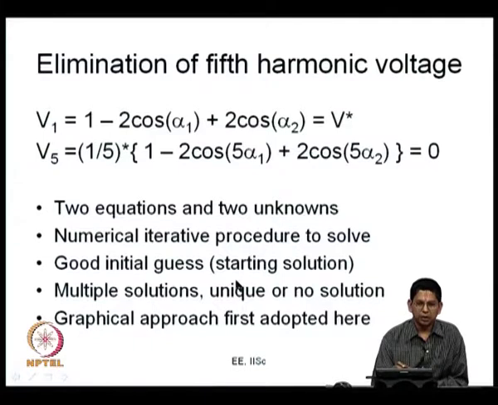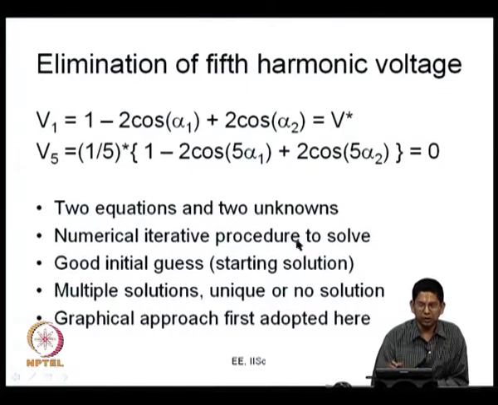So, the reactance seen by the fifth harmonic voltage is 5 omega L, and the reactance seen by the seventh harmonic is 7 omega L. The reactance seen by something like the 31st harmonic is 31 omega L. So, the higher harmonics see a greater amount of harmonic reactance, and therefore their corresponding harmonic current amplitudes are going to be lower. So, the one that is going to cause maximum problem is the lowest harmonic content, that is fifth. We will not have third harmonic here, because that will get cancelled.